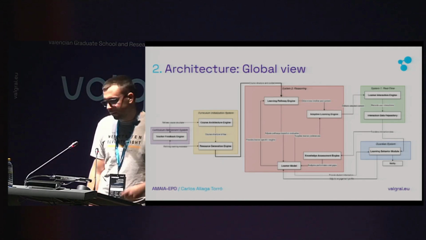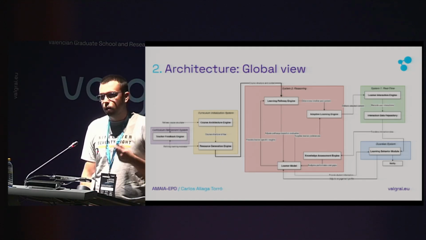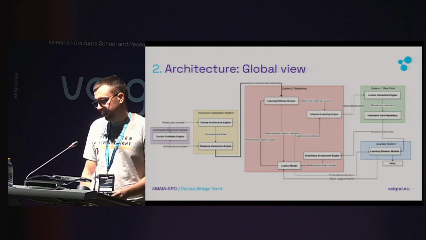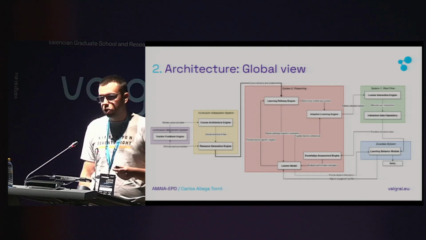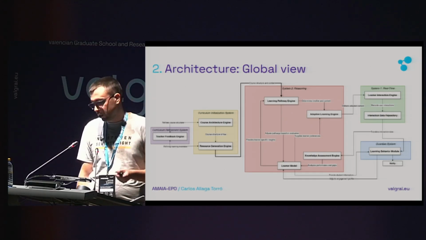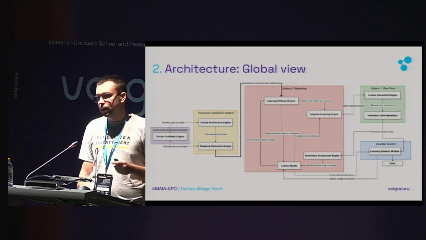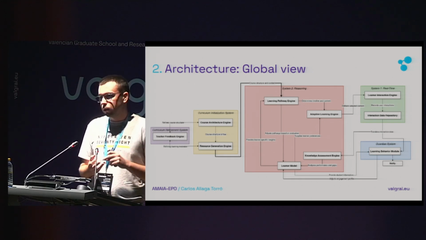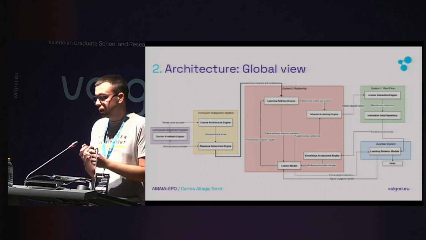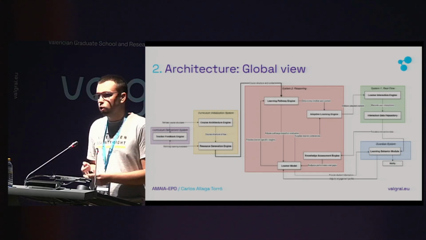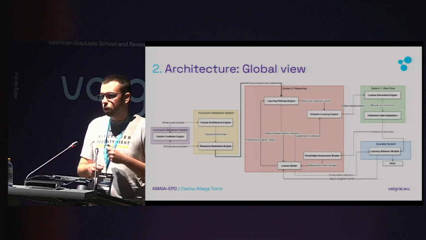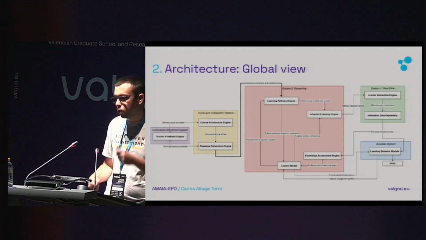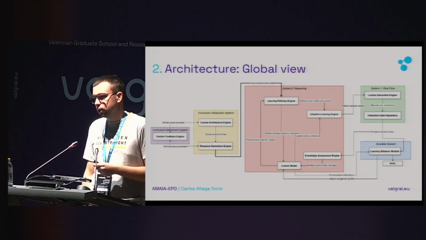So this is the global view of the final system, which will also include a curriculum initialization system that will craft the course. The teacher will provide the laws, what he or she wants to teach, and some extra information, and the system will start working with the structure of the course and the content generation.